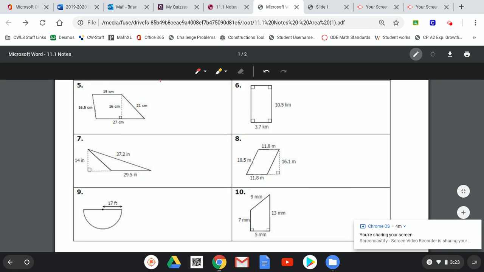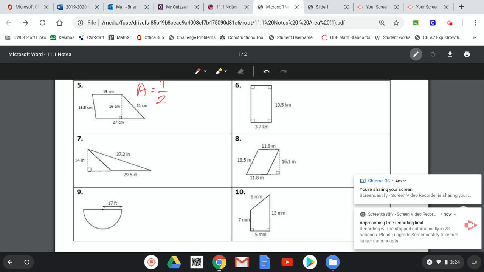The area of a trapezoid is area equals 1/2, which you're always going to see, times the height of the trapezoid times the quantity base 1 plus base 2, B1 plus B2. That is the formula for the area of a trapezoid.